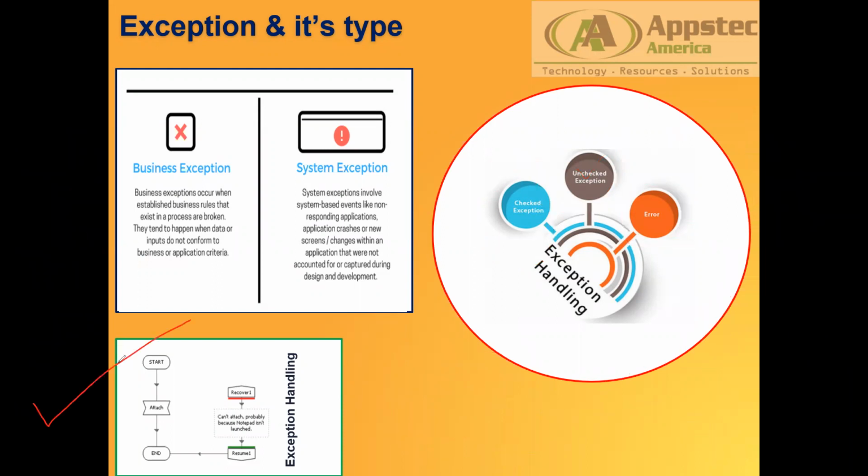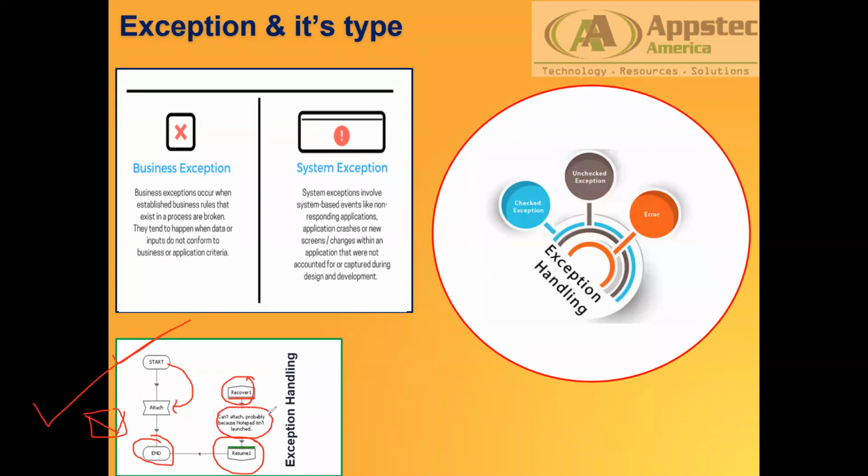Now just imagine this. Here, what could be an exception? Let's say I have a process. After start, I need to attach a file into my email, and the process ends. Now, what if the file does not come or the file is not available? So here, if you see recover mode, that means can't attach.